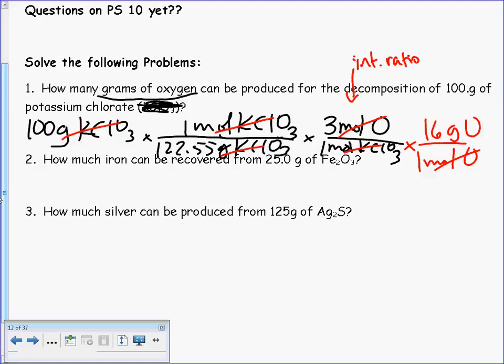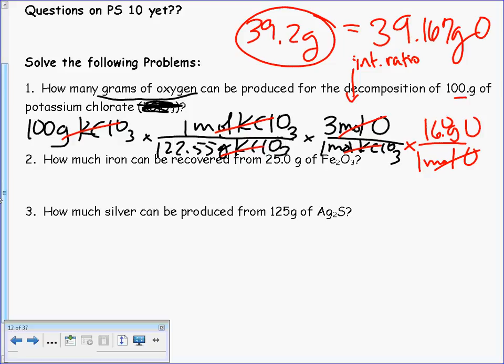So tell me what you got again? 39.2 grams of oxygen, and what would that round to? 39.6. So yeah, 3 sig figs, that should be 16.0 because that's from the periodic table. So 3 sig figs would be 39.2 grams. Between 2 and 3, tell me which one I need to do right now.